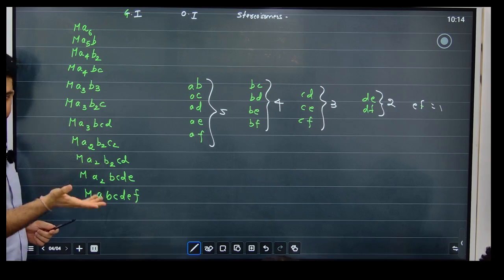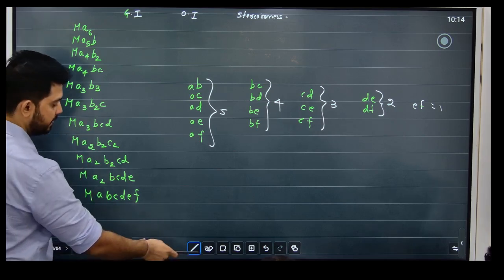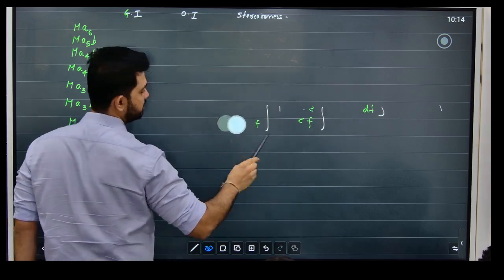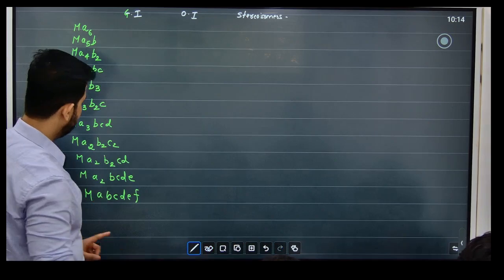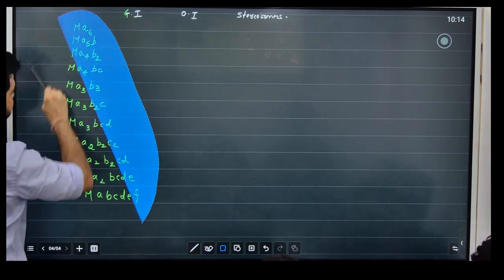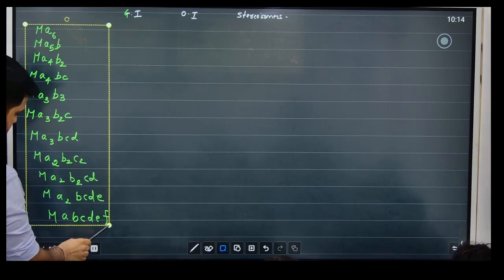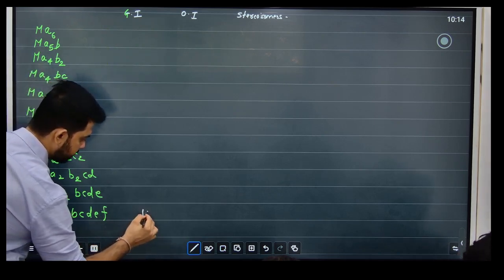15 geometrical, and all the 15 are also optically active because none of them will have a plane of symmetry. So just say if I want to make it for M, A, B, C, D, E, F, how many GIs will I have? 15.